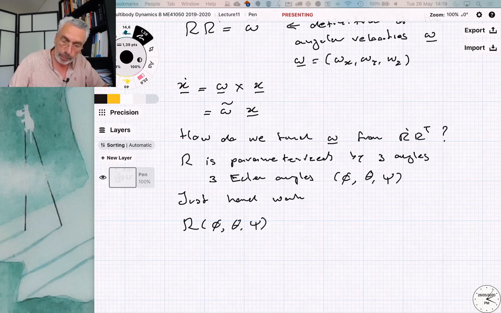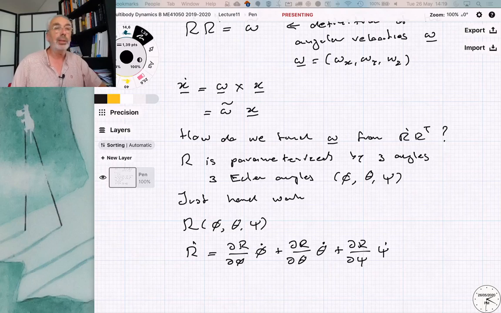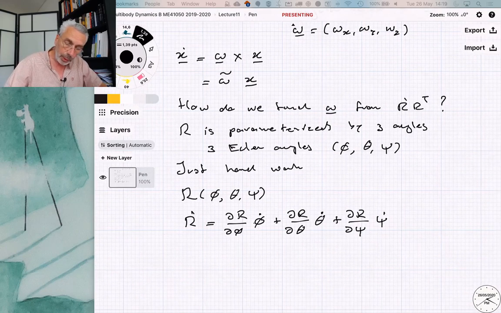So then R dot is just first the R differentiated with respect to the first angle times the time derivative of that first angle, plus the rotation matrix differentiated with respect to the second angle times the time derivative of the second, plus the derivative of the rotation matrix by the third angle times the time derivative. So that is R dot. But we need not R dot, but R dot times R transpose. So to finally find what the omega is, we have to multiply everything with R transpose.